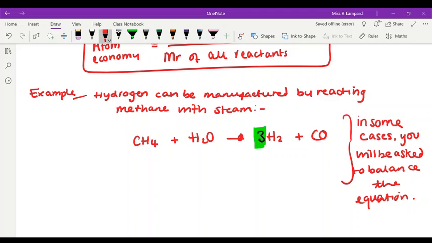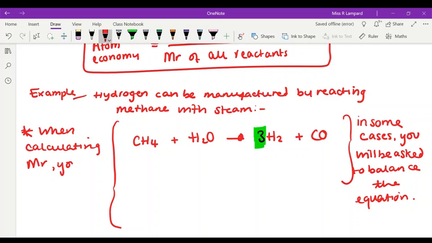Now, something to note here as well that's really important is when calculating the Mr here, okay, you do need to take account of the balancing numbers.